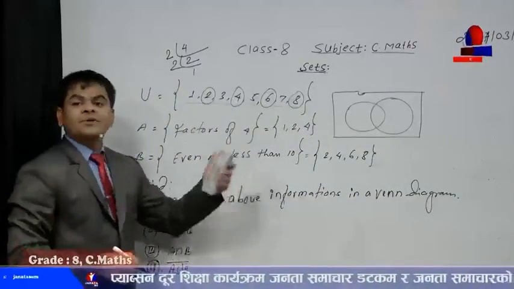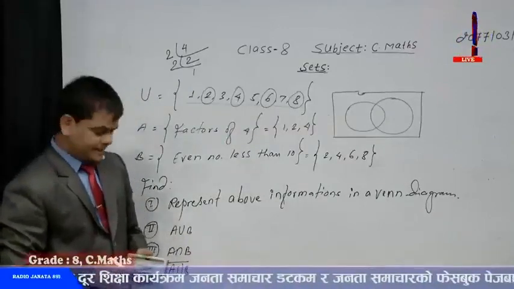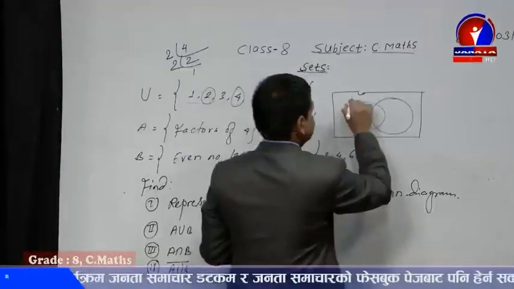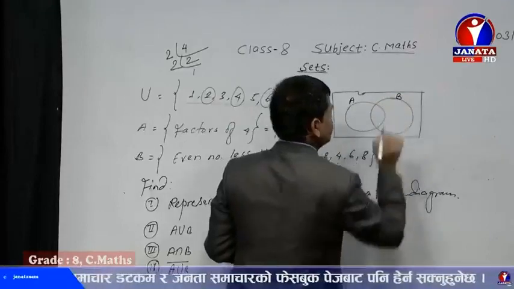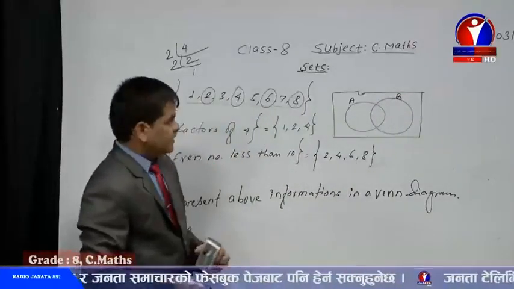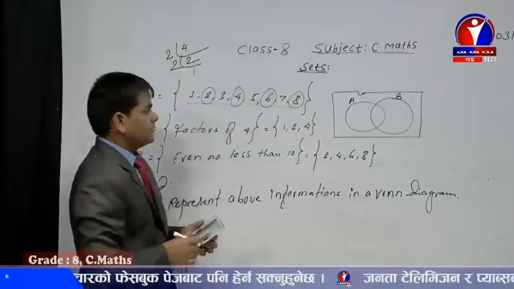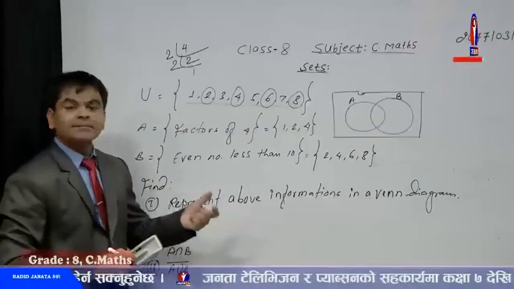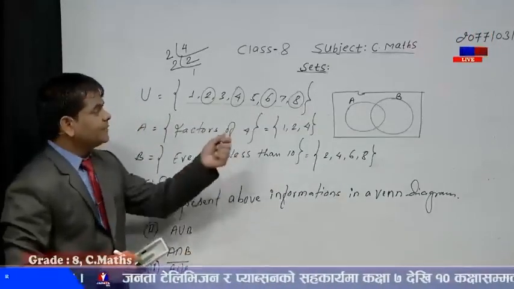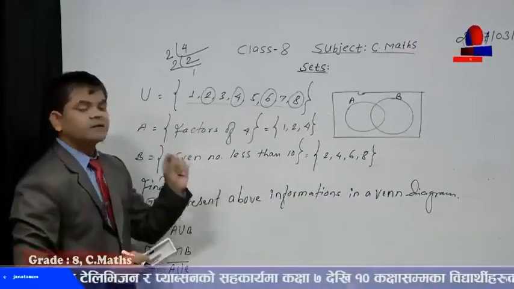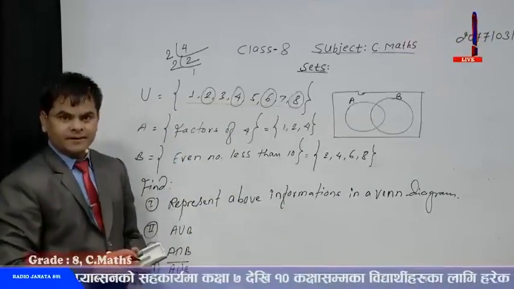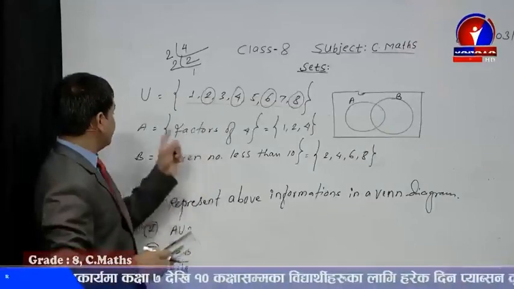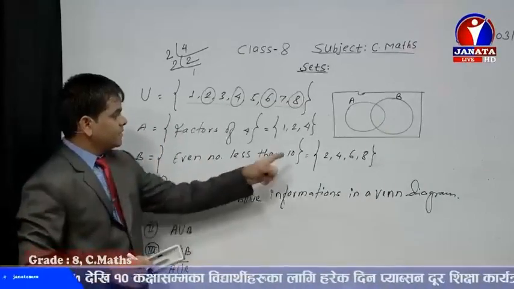Let's keep this information in a Venn diagram, dear students. Set A, set B. The best way of representing the given information in a Venn diagram is, first of all, to present the common elements. So which are the common elements between set A and set B?